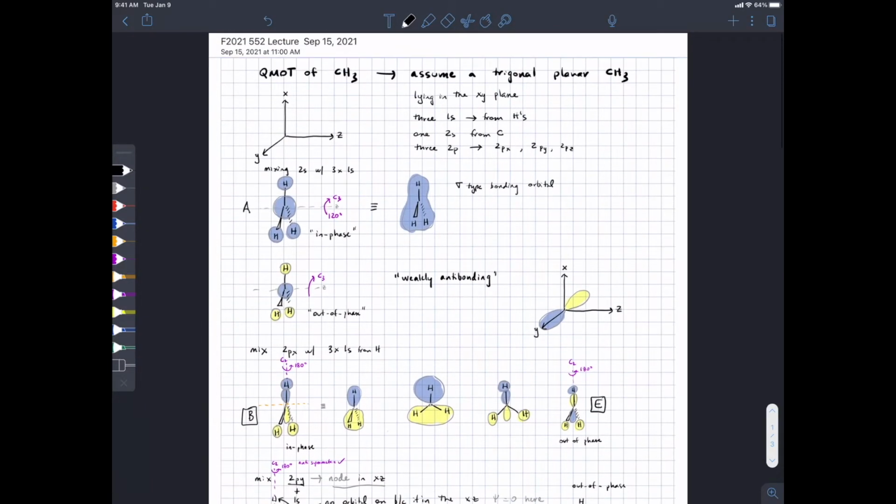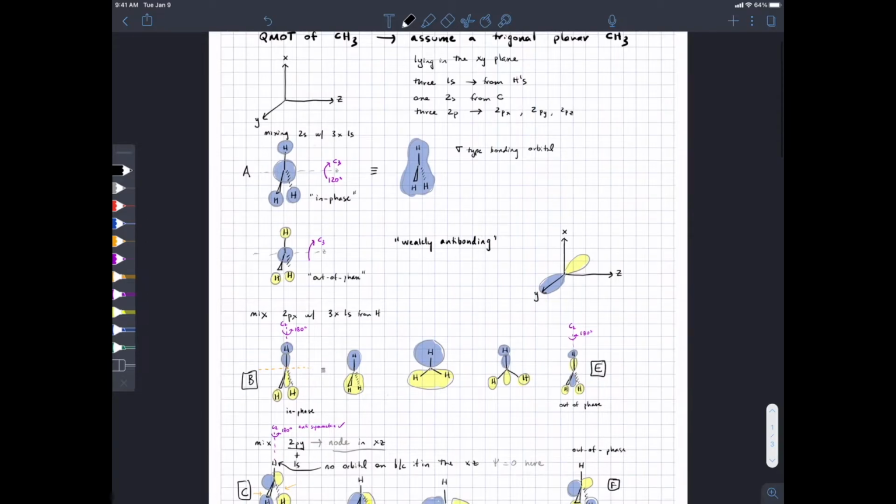And then lastly, we would probably have the out-of-phase combination. I made a mistake when I said that was weakly anti-bonding. I'm thinking about something else. But this would be probably the highest energy combination because you now have no electron density in between the atoms. Okay. All right.